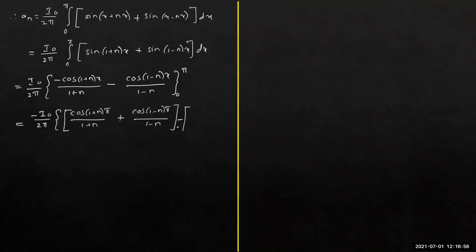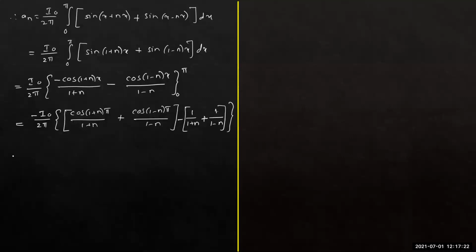Minus, when you take x is equal to 0, it becomes cos 0. Cos 0 value is 1, you see. So we'll get 1 by 1 plus n, minus, if you take x is equal to 0 here, it becomes again cos 0, which is 1. So here also, in fact, this becomes plus. Why plus? Already we brought minus out of this. So plus 1 divided by 1 minus n. This is for the lower limit x is equal to 0.